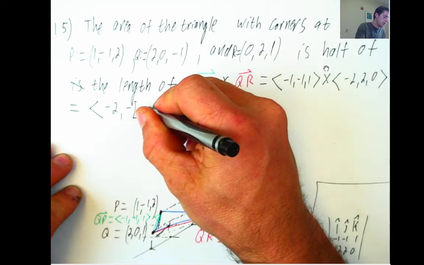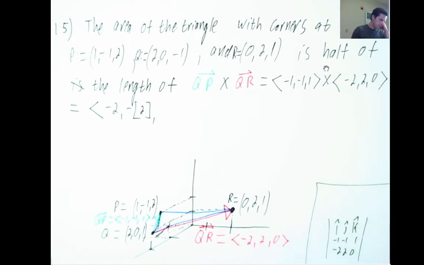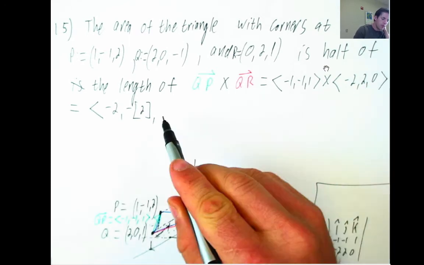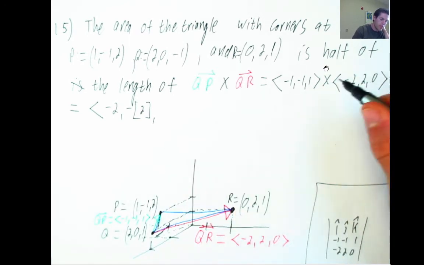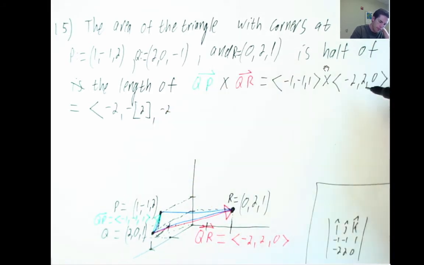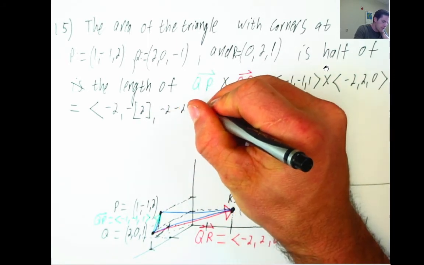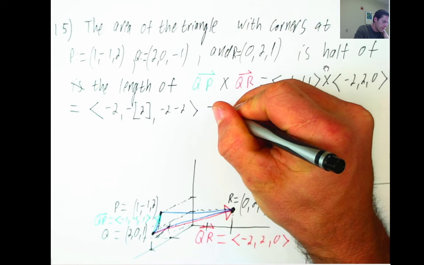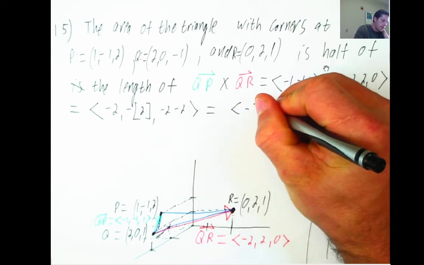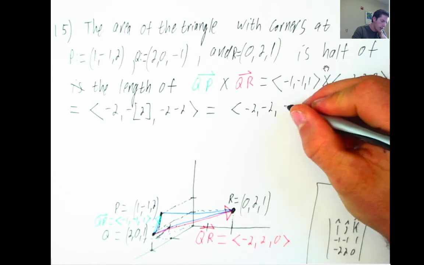Minus -2 times 1 is 2. And the third component I get from ignoring the third component of both these guys, that'll be -1 times 2, or -2, minus -2 times -1. Ah, it's 3 negatives. So, yeah, -2. Okay, good. So that will be -2, 2, -4.